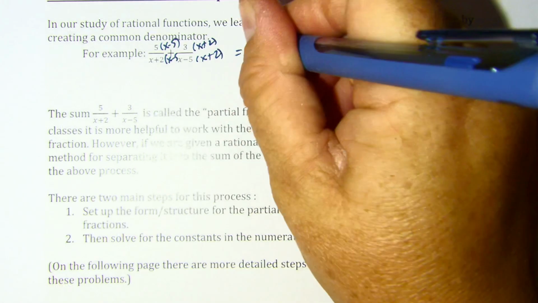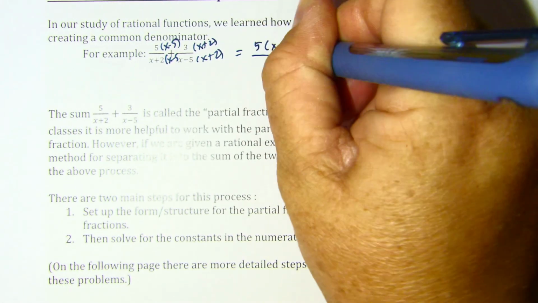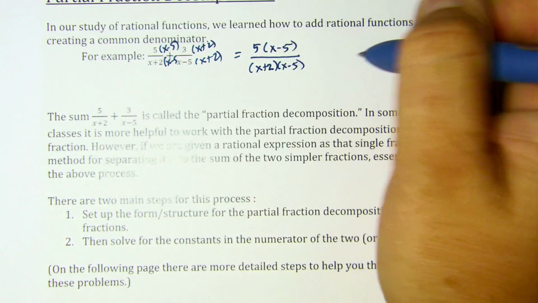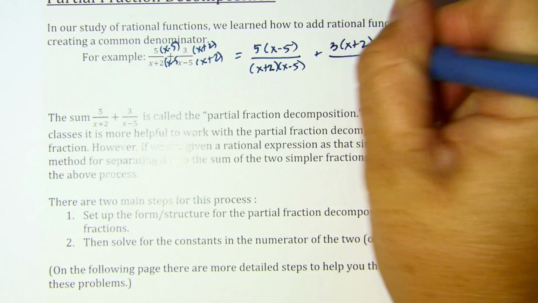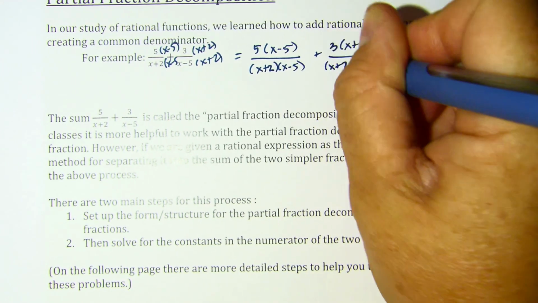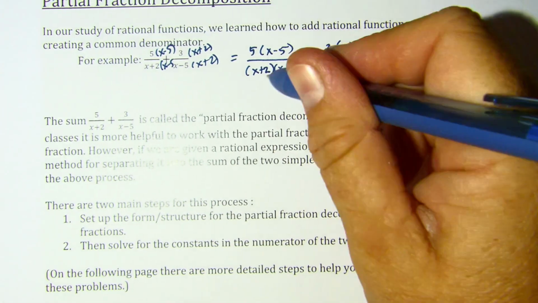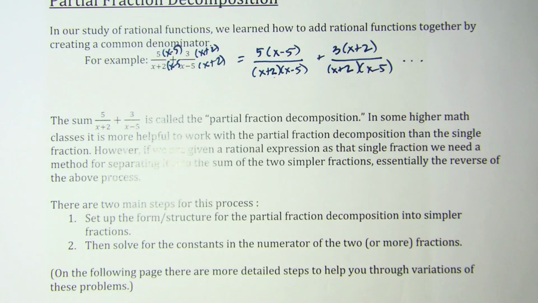So then that turns this into 5 times (x minus 5) over (x plus 2) and (x minus 5), and then plus 3 times (x plus 2), over (x plus 2) and (x minus 5). We'd have a common denominator, then we could distribute, combine like terms, and get our answer.